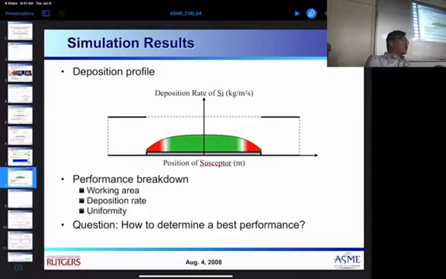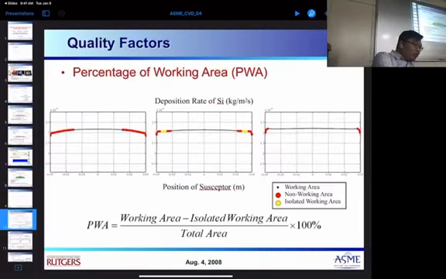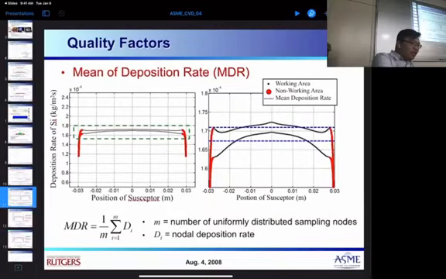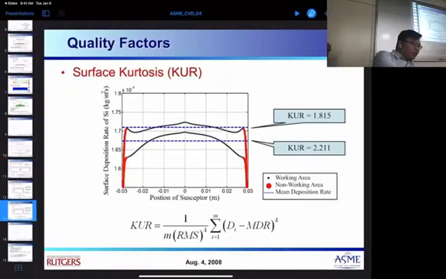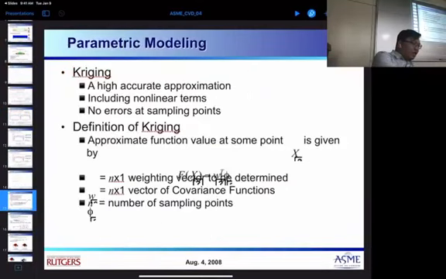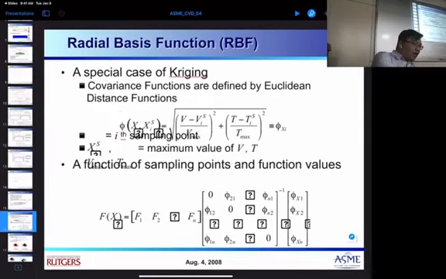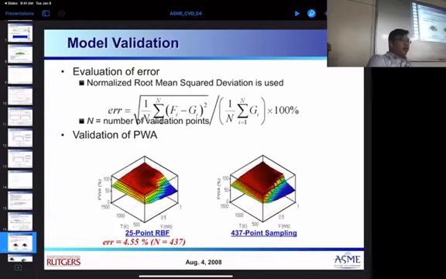So the goal was to have speed and uniformity at the same time. We did a bunch of analysis, and the simulation said the deposition could have many arbitrary shapes. So we did a lot of analysis, and then we have something like this.